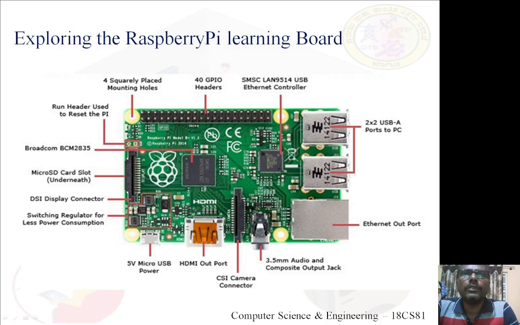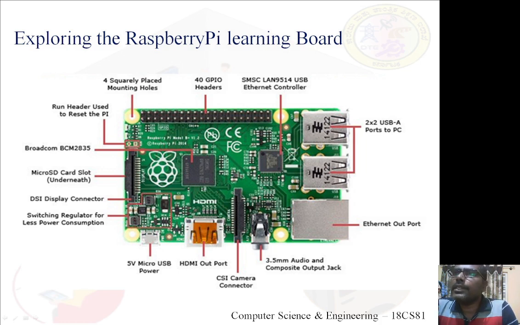Clear? Next, I said there are 40 GPIO pins, and these 40 GPIO pins you can view on the board. And at the right side, you can see it's written as 2x2 USB-A ports, means 2x2, that is 4. There are 4 USB ports.